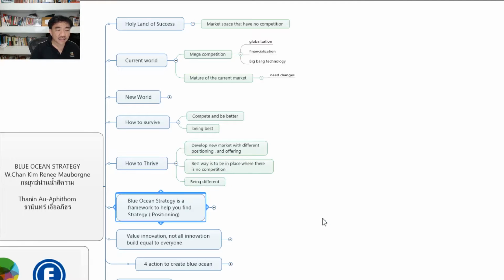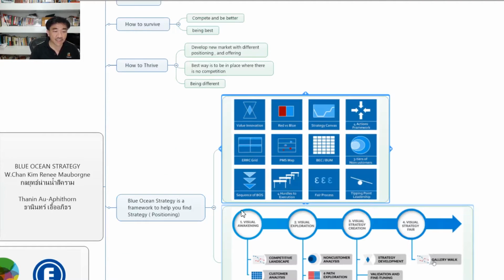And that is what the book is all about, being different and creating a different segment in the market. That is all about blue ocean strategy. If you ask me what this book is about, it is a strategy framework that you need to walk through, so you can find the strategy or the positioning of your product and service of your company.